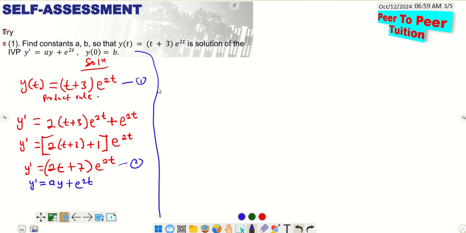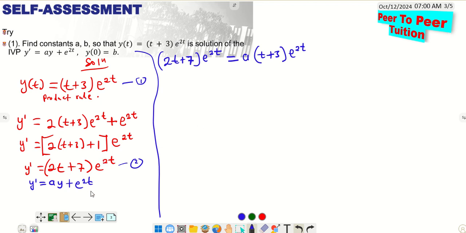We are going to get, so y prime is (2t + 7) multiplied by e^(2t). That's for the y prime, should be equal to ay. So we don't know a, multiplied by y, but we know that our y is (t + 3) all multiplied by e^(2t).